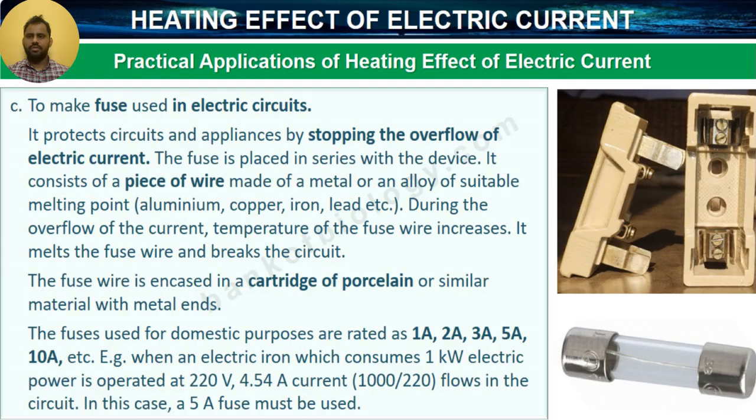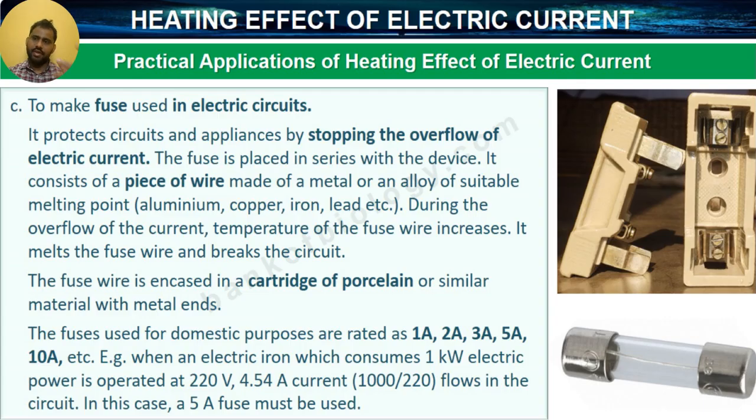First of all, a fuse protects circuits and appliances by stopping the overflow of electric current. The fuse is placed in series with the device. If there is an important device that we want to protect, we put it in series with a fuse. Suppose the material can withstand 5 ampere of current, and suddenly 7 ampere flows in the circuit, it will damage the electrical appliance.